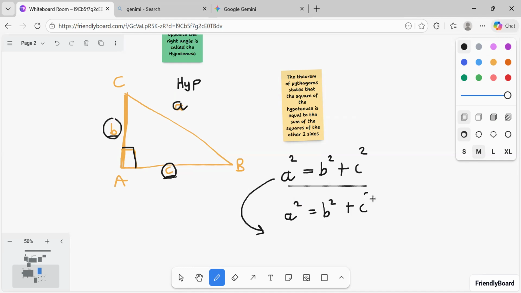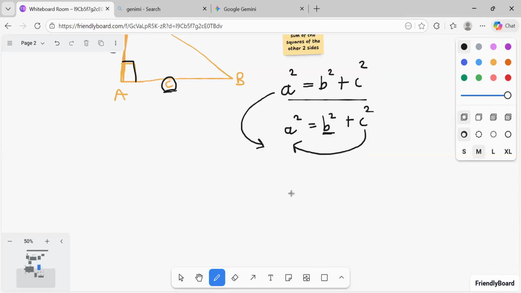I want to find B squared, so I rearrange and make B squared the subject of the formula. I take C squared to the other side, so that on the left side I remain with A squared minus C squared is equal to B squared.